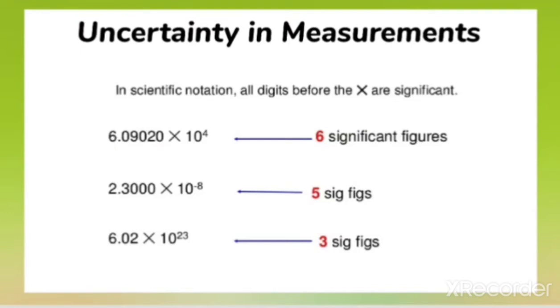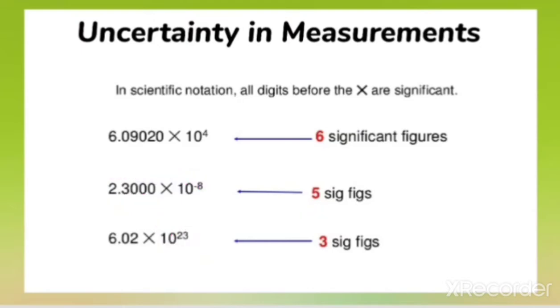So when you check the case here, what are the significant figures? Numbers 1, 2, 3, 4, 5, 6. So 6 significant figures. In the next case, no need to check this part, just check these values. So 1, 2, 3, 4, 5 significant figures.